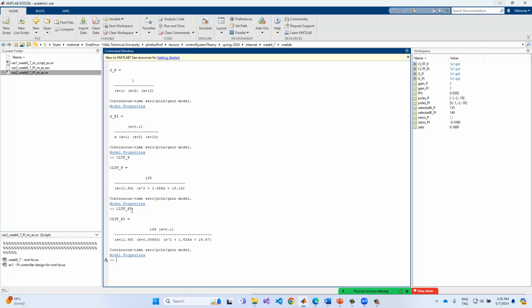Not the PI, which is 1, 2, and 4, right? In the closed loop transfer function we have the third order response. Yes, this one is the third order, and this is the fourth order, right?